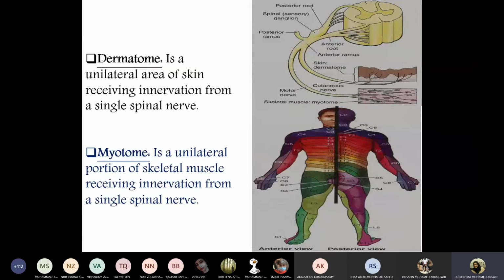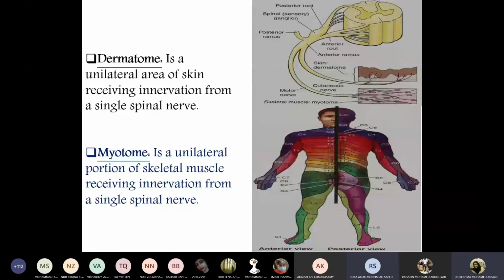What do you mean by the term dermatome? And what do you mean by the term myotome? Dermatome refers to a patch of skin that is innervated by a specific nerve, and myotome is a specific muscle that is innervated by a nerve.